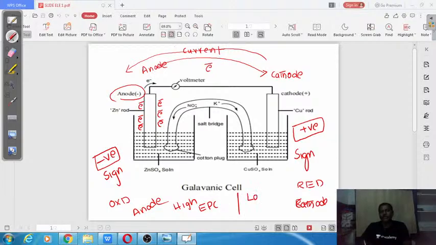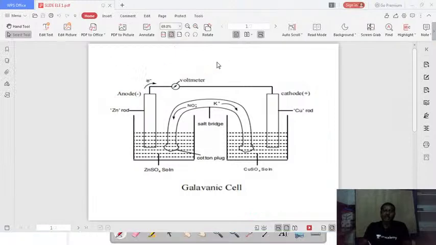Elements having low electropositive character, or high electronegativity, act as the cathode.